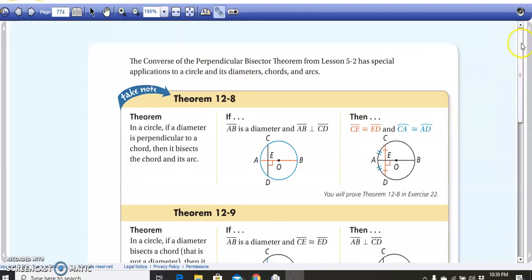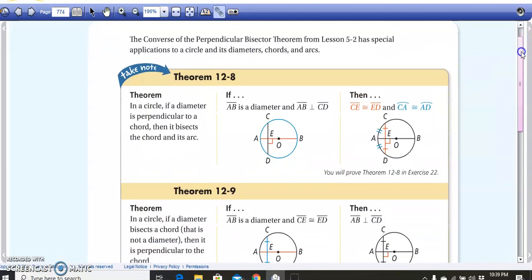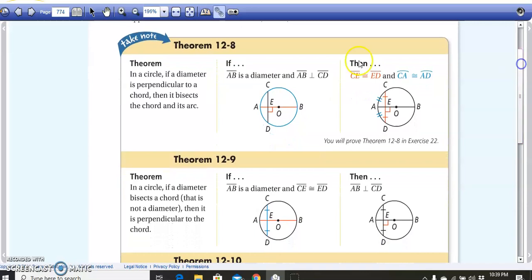Now here we have something different, that is the perpendicular bisector. In a circle, if a diameter is perpendicular to a chord, then it bisects the chord and its arc. In other words, if AB is a diameter, how do we know that it's a diameter? Because it crosses the center.